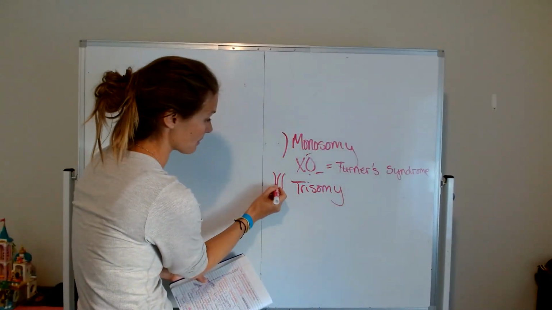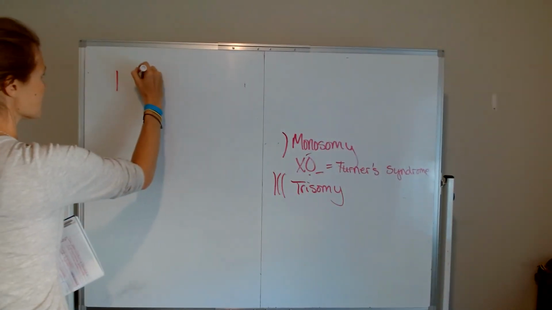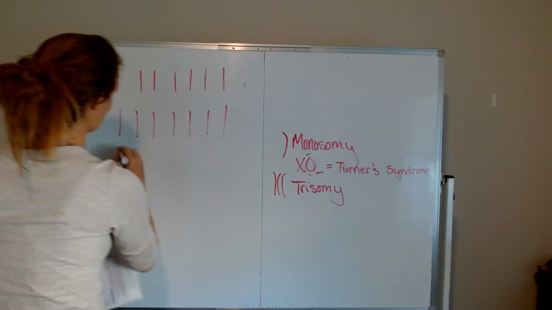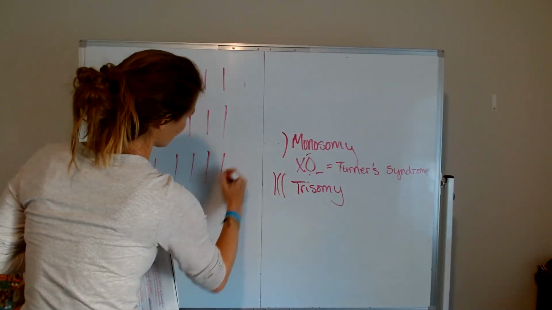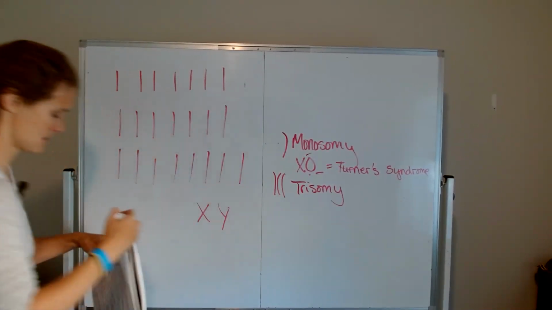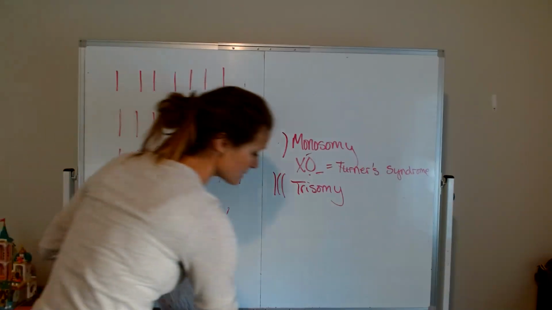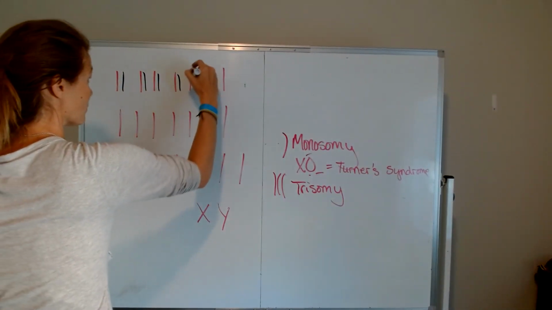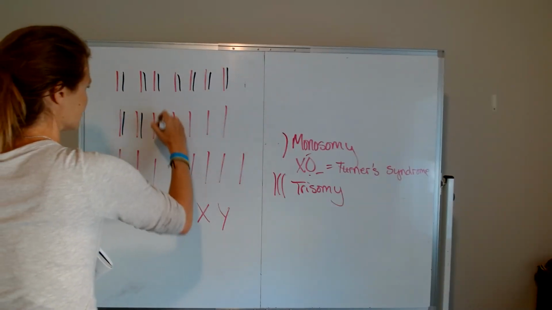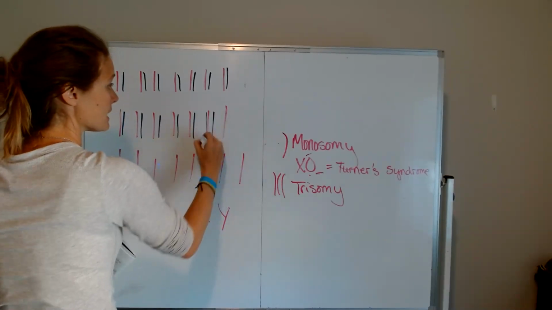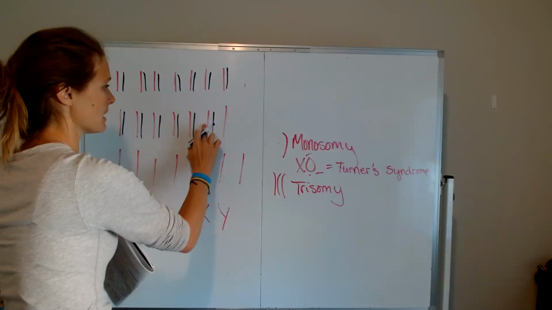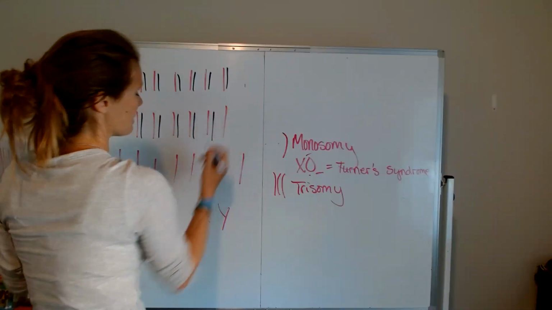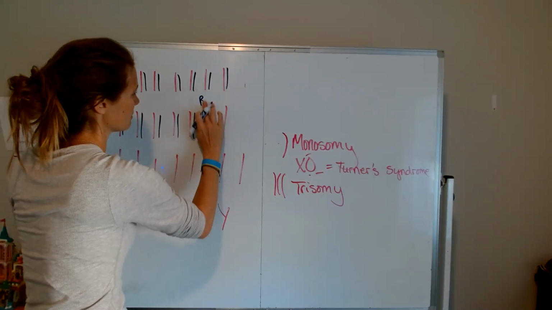So, right, we have the 3 right here. If we're looking at our 1, 2, 3, 4, 5, 6, 7, 8, 9, 10, 11, 12, 13, 14, 15, 16, 17, 18, 19, 20, 21, 22, X, Y. Okay, so with trisomies, it looks like this. There's the 1 through 13. 13 is one where it can tend to be a trisomy, so they get an extra one.